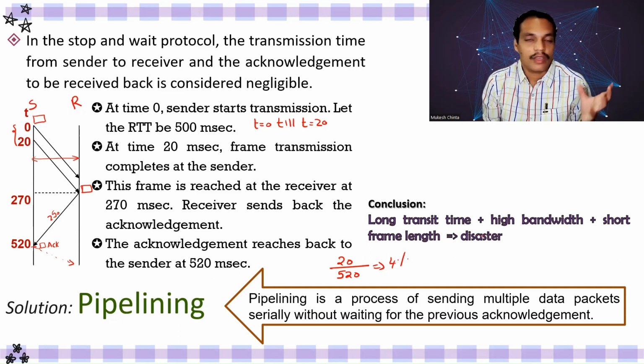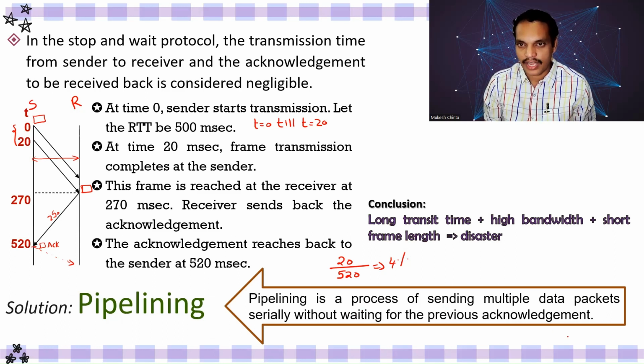Rather than just sending one frame and waiting for an acknowledgement to come back, here the sender can send multiple frames and then wait for an acknowledgement. Of course, you can ask me, how many frames can the sender send? 1, 2, 3, 10, 20, 30. That is all dependent on the buffer size, that is the amount of memory available at the sender to hold the frames. Pipelining is a process of sending multiple data packets serially without waiting for the previous acknowledgement.